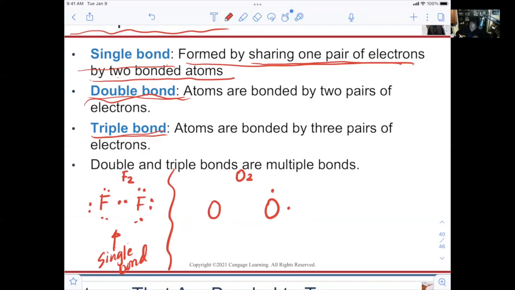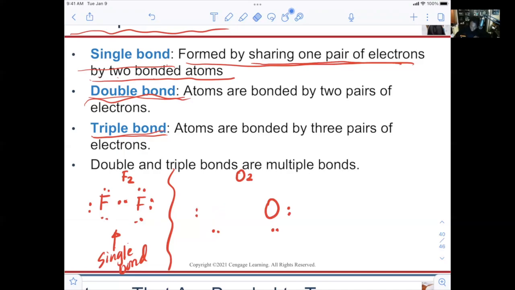Each oxygen comes into this relationship with 6 electrons, right? Because oxygen is in group 6. So I got 4, 5, 6, 4, 5, 6, right? 6 on the right, 6 on the left. And you can see each oxygen currently has 2 unpaired electrons. Those unpaired electrons pair, so I'm going to redraw them in such a way that they can pair with each other.